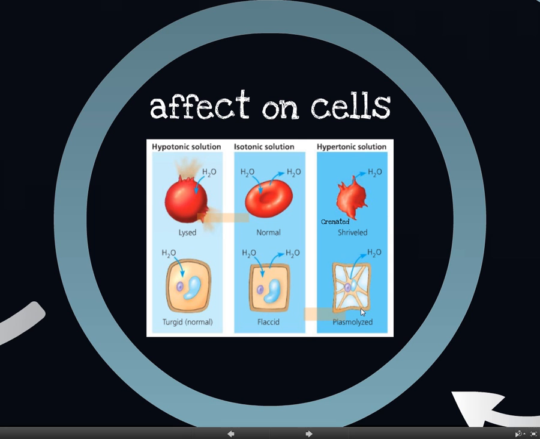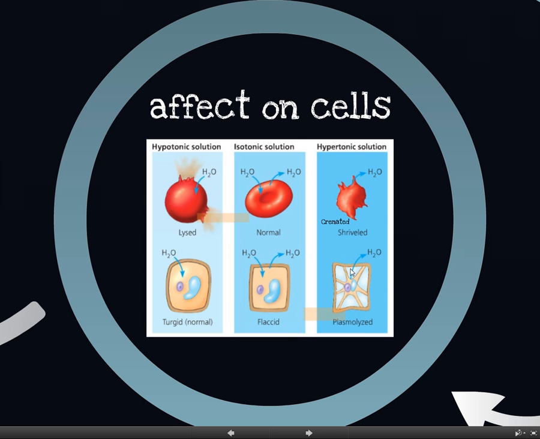Lastly, if a plant cell is placed in a hypertonic solution, a solution with lots of solutes, lots of solutes means a low water potential, so the water rushes out, and instead of just shriveling, the cell wall retains its shape, and so the cell membrane pulls away from the cell wall.